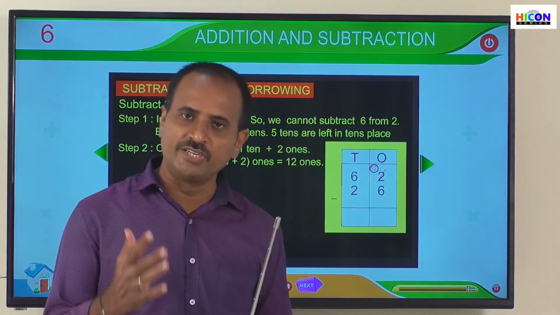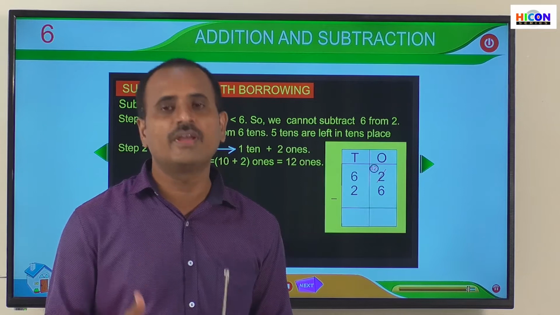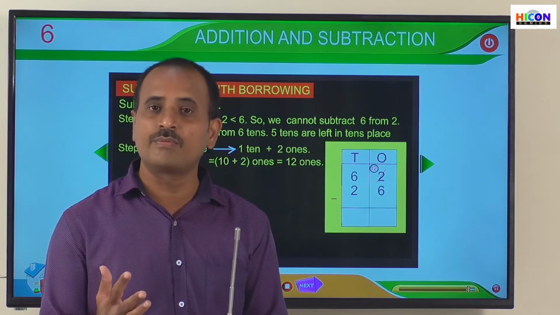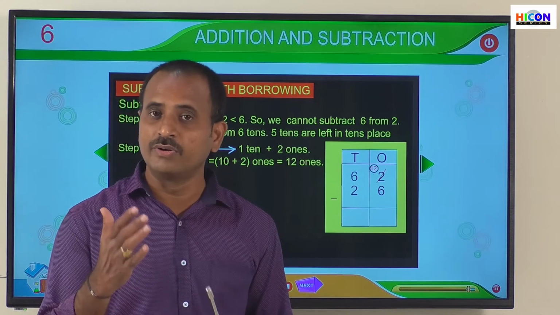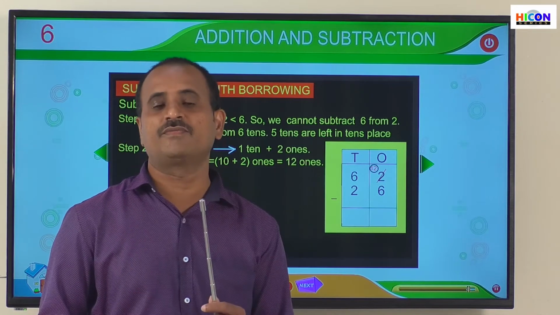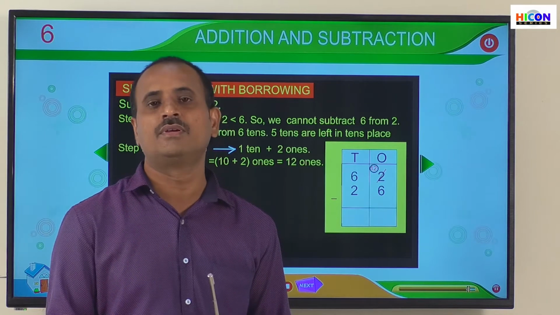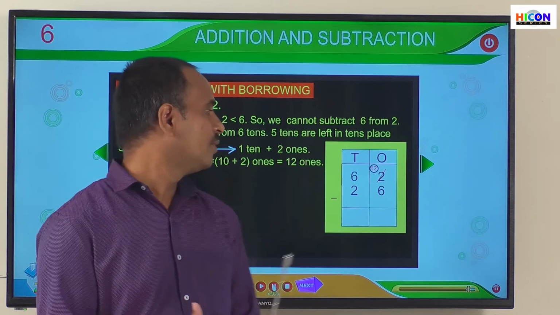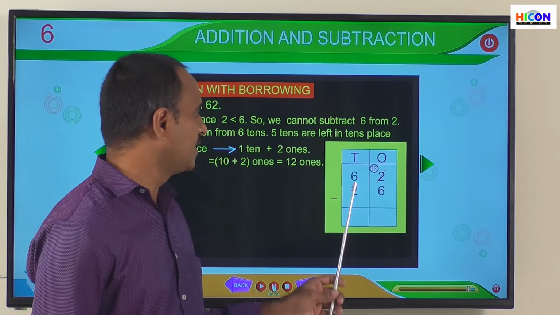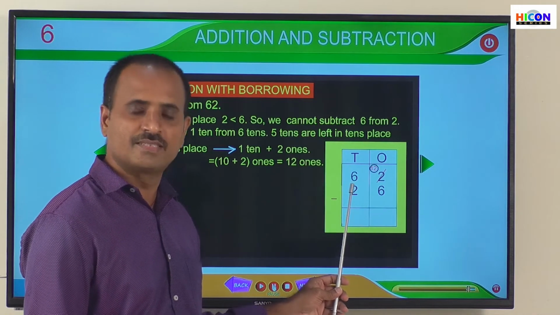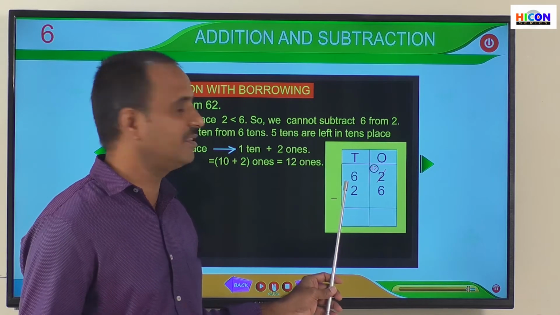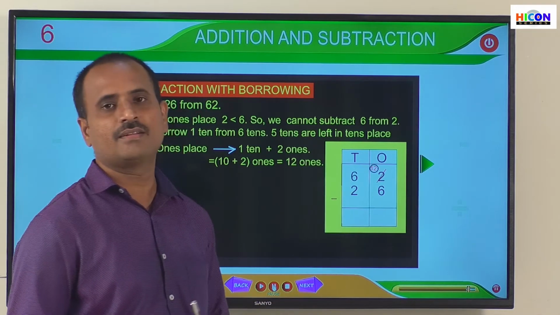If the subtraction is not possible, then what do we have to do? We have to take borrow from the next place. What is the next place here? Tens place. And what is the digit present in the tens place? 6. That means 6 tens are there.